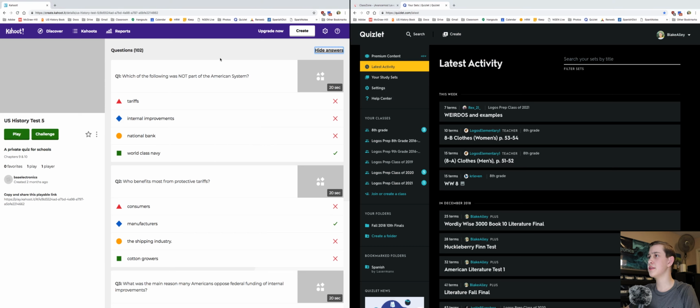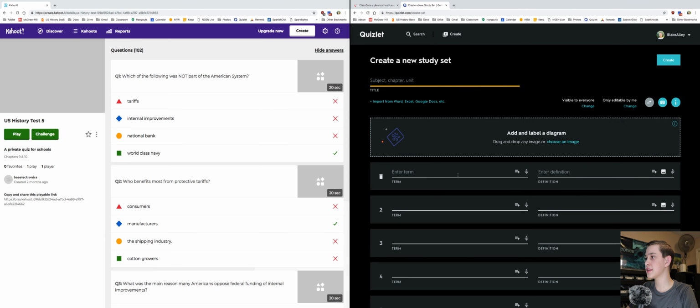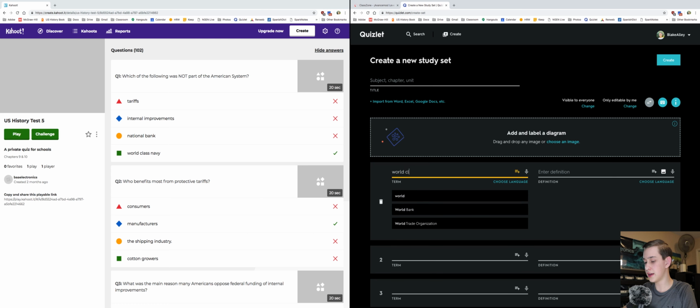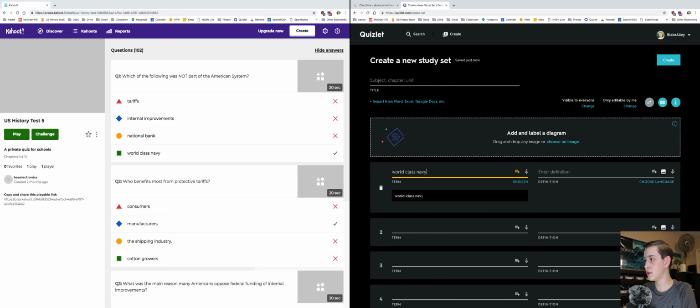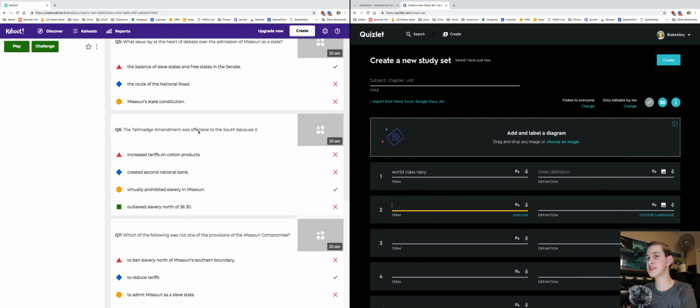As you can see, these are sort of a term definition thing, but not really. What I would do for a set like this is find the thing that you want your learner to know. So for the first question, it would obviously be World Class Navy, because that's the thing we want the learner to know. Now, for question 6, I would do something different.